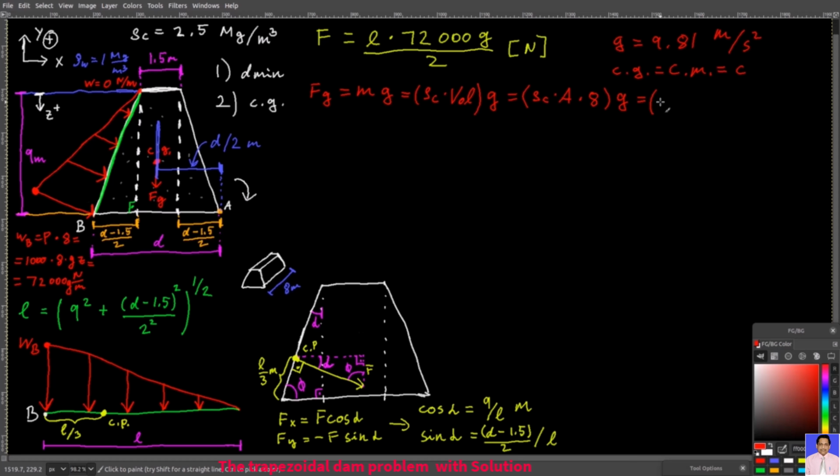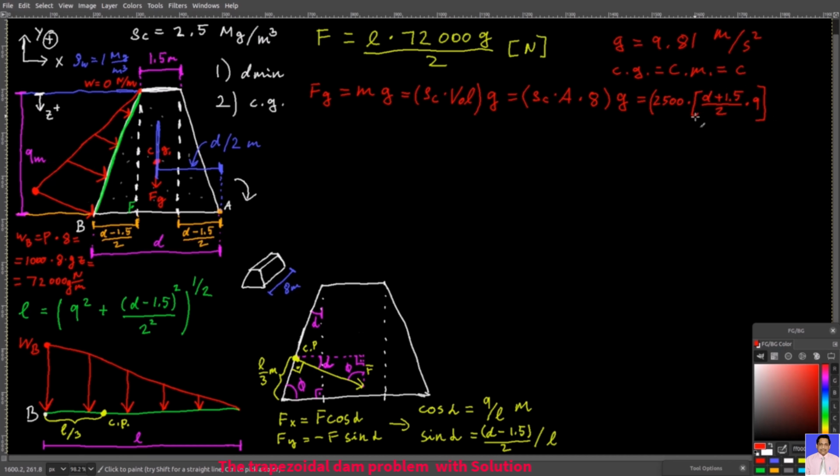To get the area of this cross section, you essentially need to calculate the area of this trapezoid. So first of all, the density of the concrete is 2,500 kilograms per cube meter, or 2.5 megagrams per cube meter. Then this one, it's the area of the trapezoid. (d + 1.5) divided by 2 times the height of the trapezoid, 9 meters.